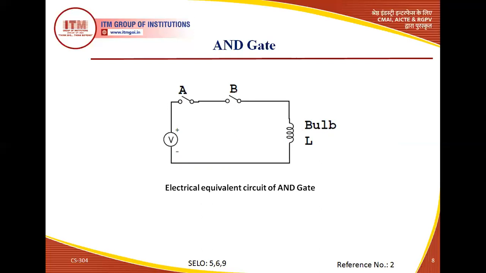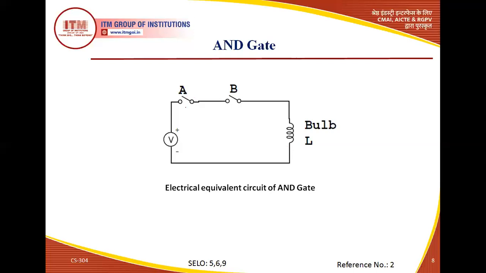And when both the inputs are high, that means both the switches are closed, then the circuit path is complete and the bulb glows. That means we get the output high. That is the definition of the AND gate. When all the inputs are high, it gives the output high. Otherwise, it generates the output low.